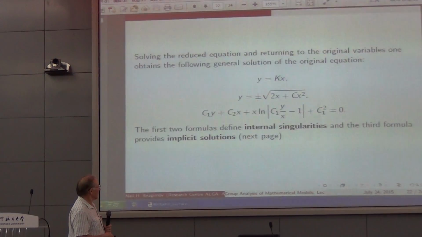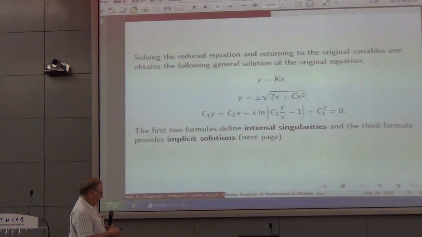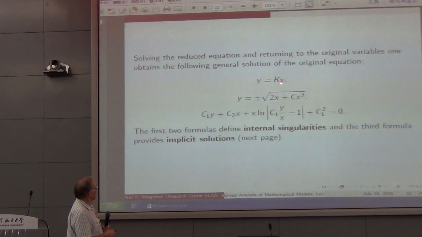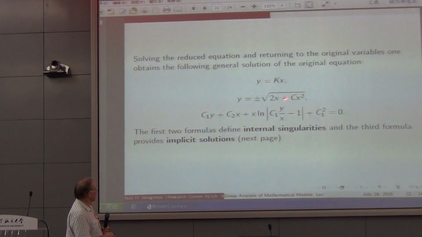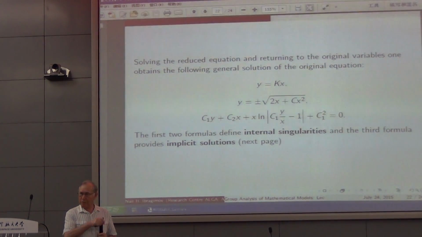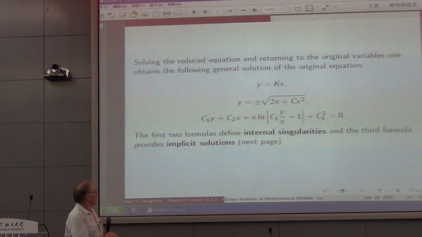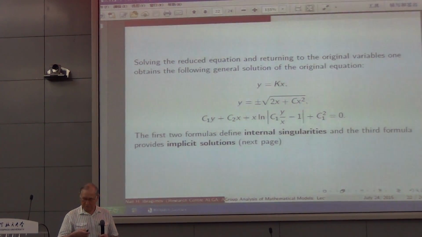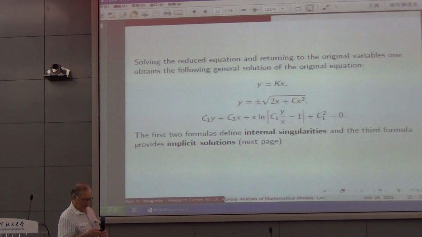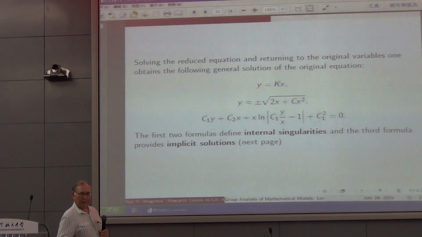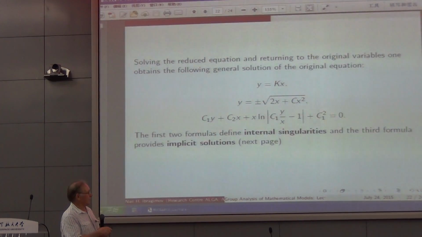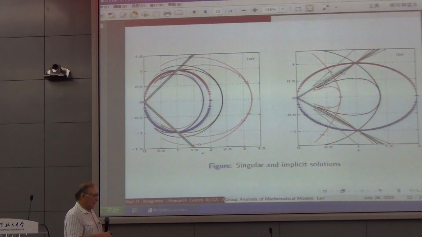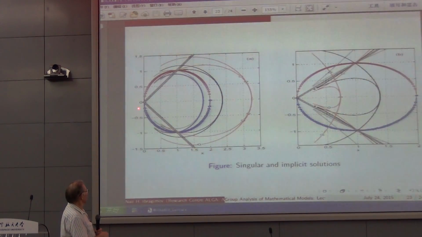If I come here, okay. These solutions, the first one and second one, you see, are a straight line, for example, and these are some kind of parabola or ellipse. If you draw the plot of the solutions, you come to the following situation.